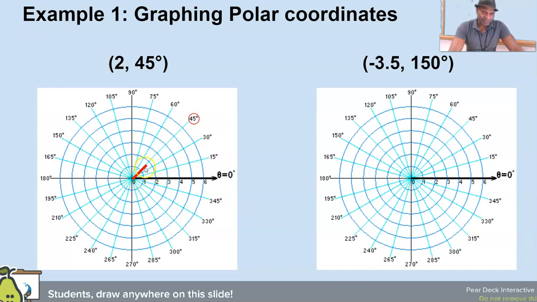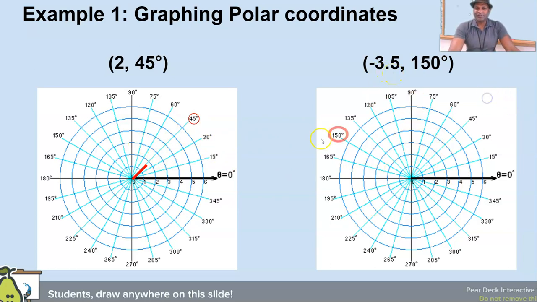In this particular one, it didn't reach all the way to the 2, but it should. It should have stopped right here on that second circle. Notice that you circle the angle first, and then you draw the radius on the line that connects to that angle, pointing toward that.